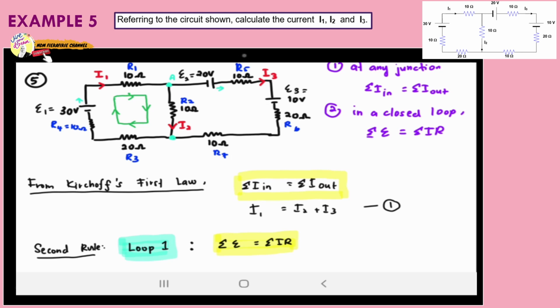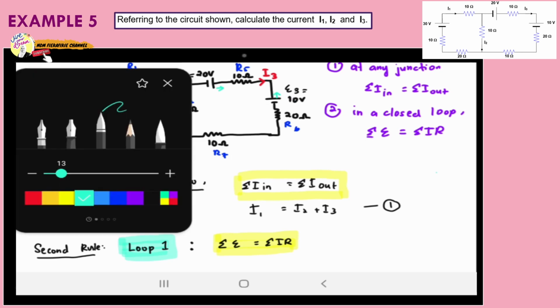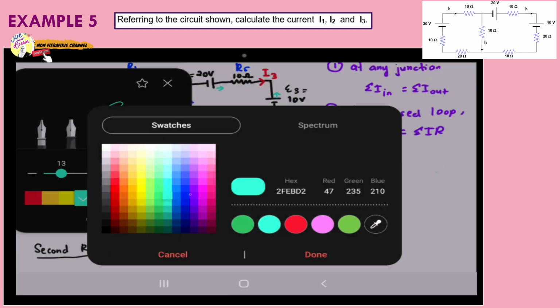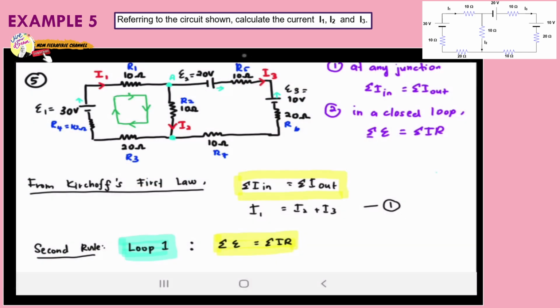I just draw a small arrow to guide me in determining the direction of my loop. For EMF 3, the positive terminal is here, and the flow of current from the EMF should be like this, upward.